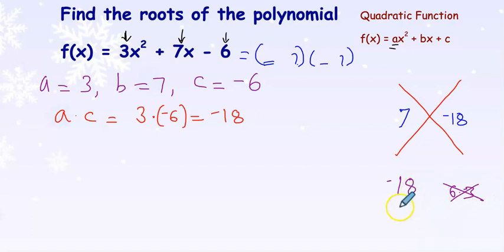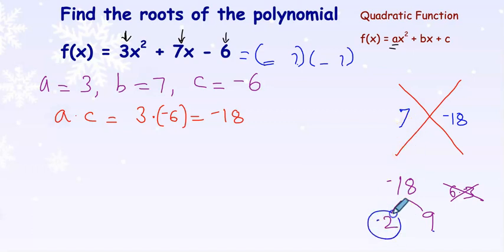What are the other factors of 18? Oh, 2 is there. 2 times 9 is 18. Because of the negative 18, one of these 2 factors has to be negative. And because of the minus sign here, I'll have to look for the difference of those 2 instead of adding. That is 9 minus 2 is 7.